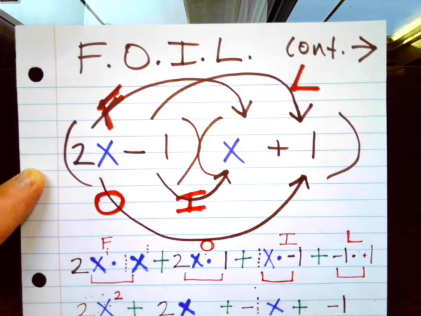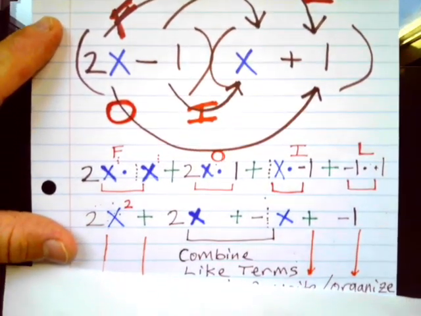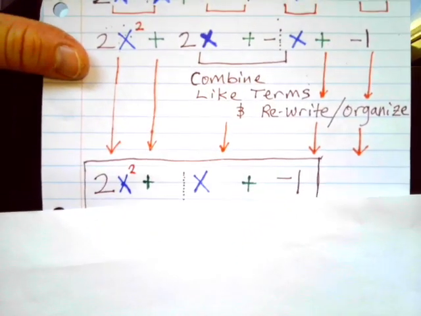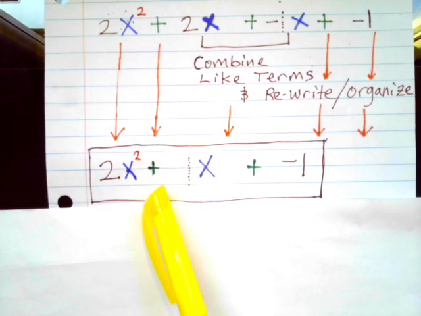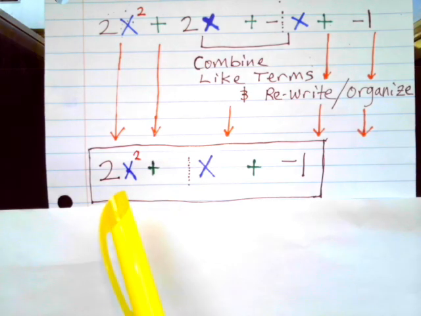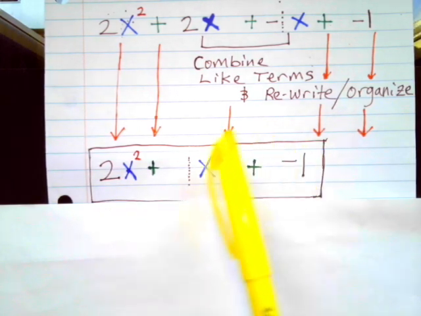Again, FOIL is checking your answer. You'll see that later as we go over some of these problems if you haven't seen it already with me. This should have been the problem you started with before you began to factor. And of course, that's how you check your answer.